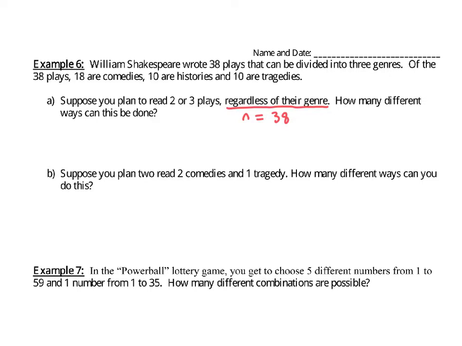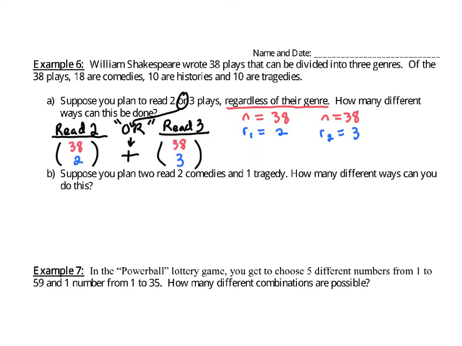Now we're going to read 2 or 3, so that first of all, our R1 would be choose 2, but then second of all, our other R value could be 3. Notice we're using 38 in both cases because that's how many we have to choose from. So we will set both of those scenarios up as combination situations, and the key is the word or.